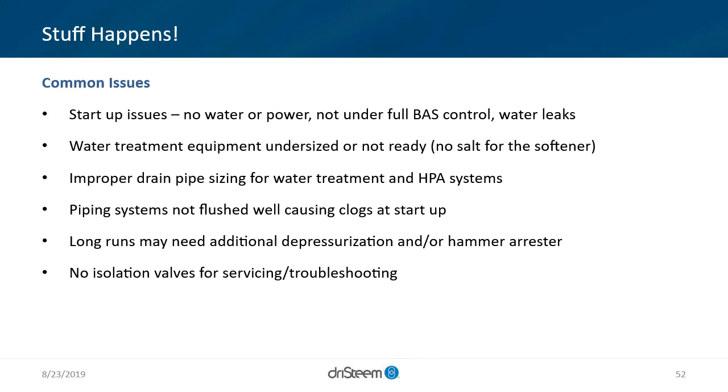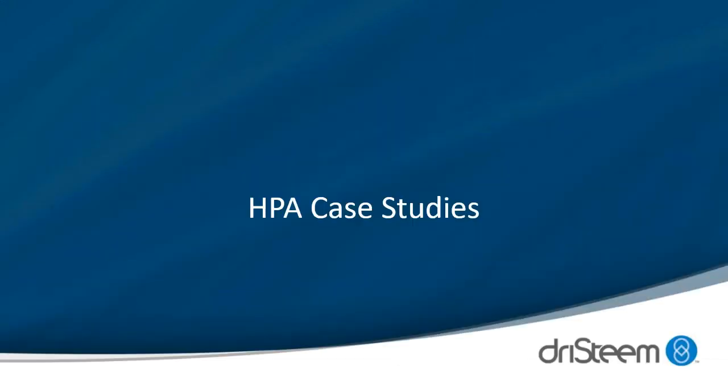And we need to understand how that relationship works. And then isolation valves for servicing and troubleshooting. We've seen cases where we have to shut down the whole system because the isolation valves are built into the air handler. From a lockout perspective, it would have been better to be on the outside.